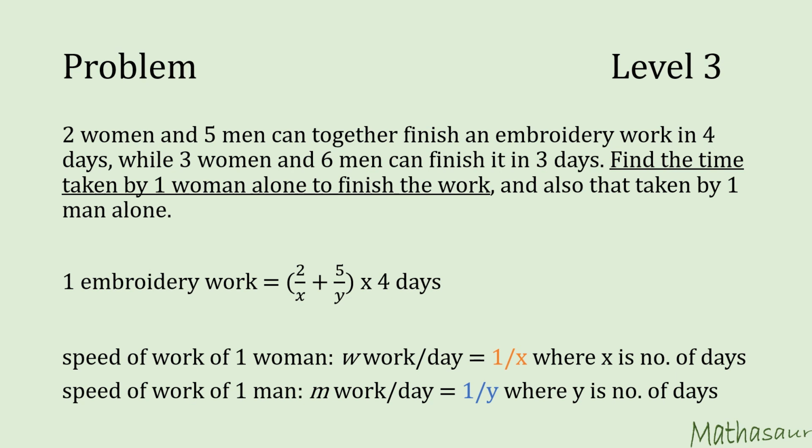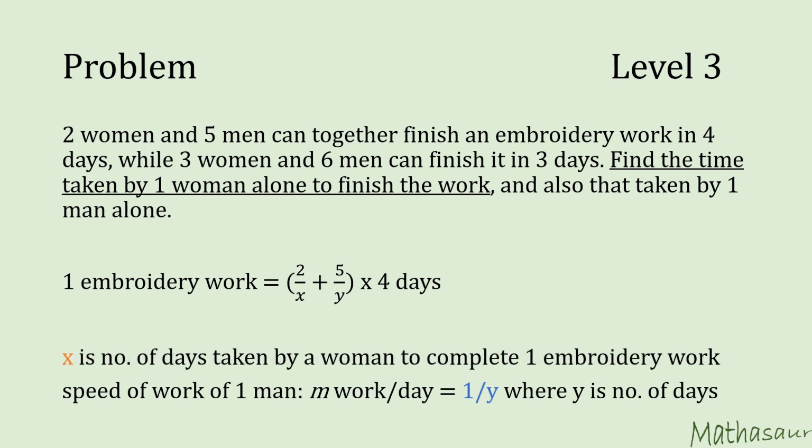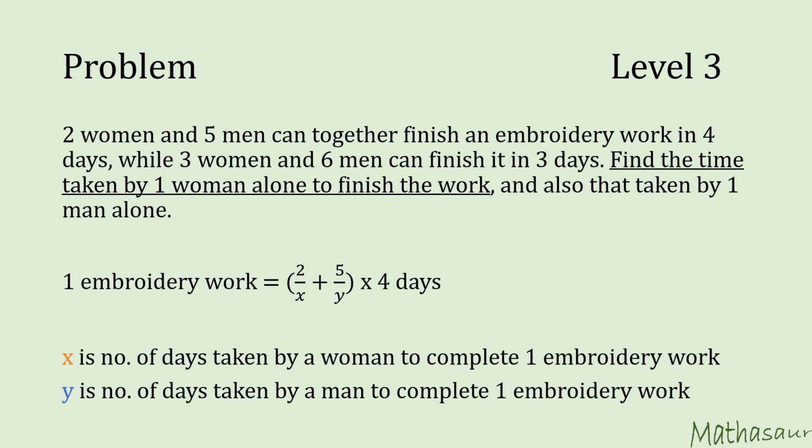So we can rewrite our equation as 1 equals (2 upon x plus 5 upon y) times 4, where x is the number of days taken by one woman to complete one embroidery work, and y is the number of days taken by one man to complete one embroidery work.